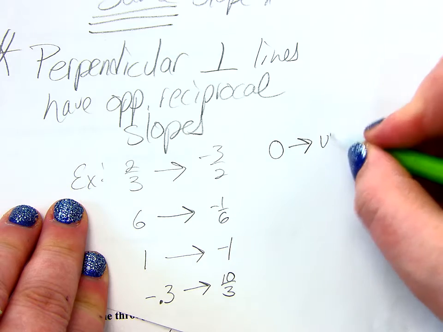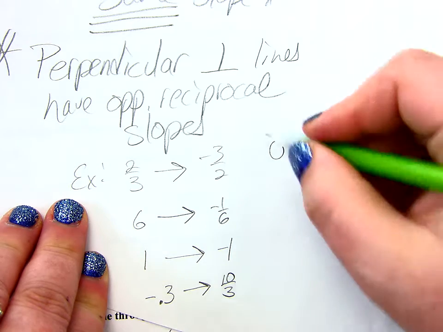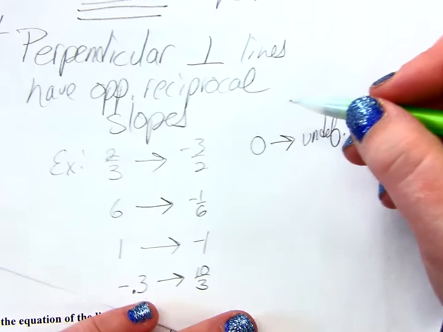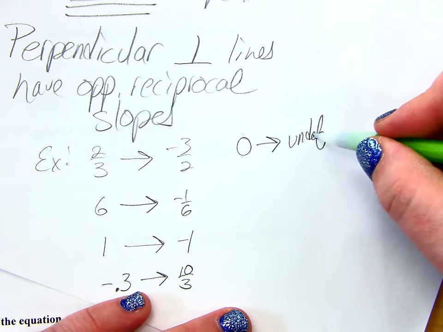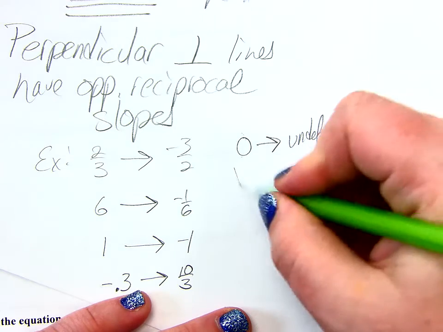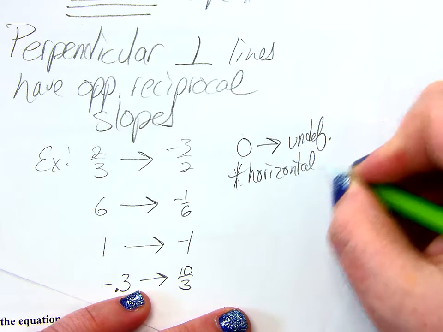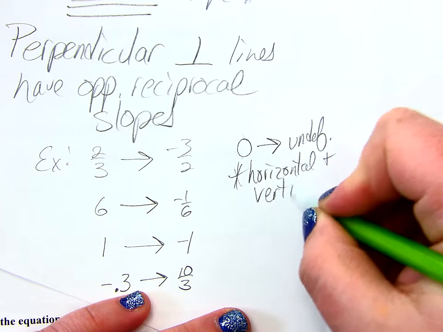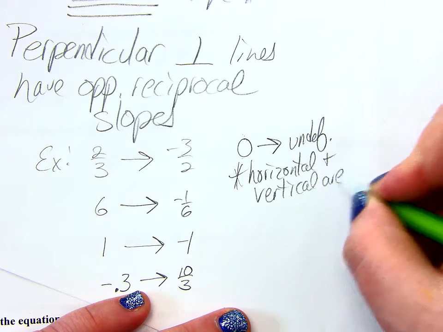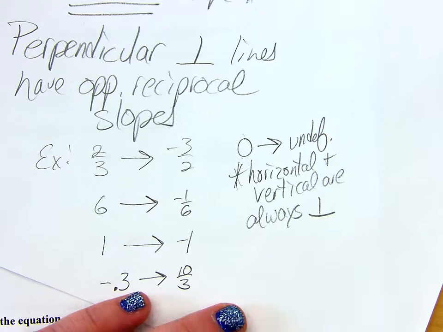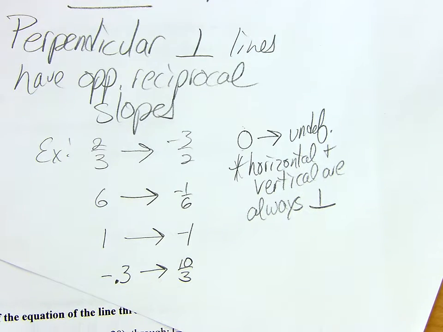Right, it's undefined. So a line that has a slope of 0, what's it look like? That's a horizontal line, and this one will be a vertical, of course. So horizontal and vertical lines are always perpendicular. Any horizontal line is perpendicular to any vertical line, and vice versa.